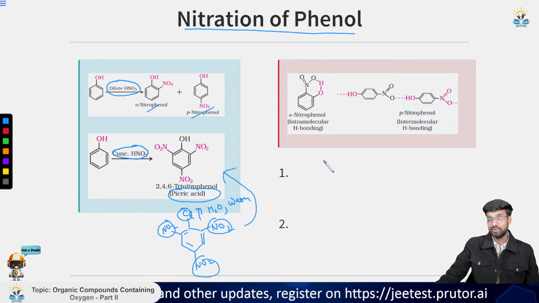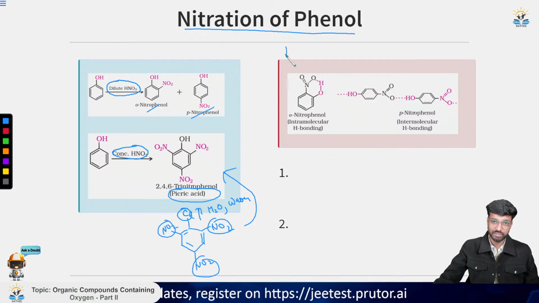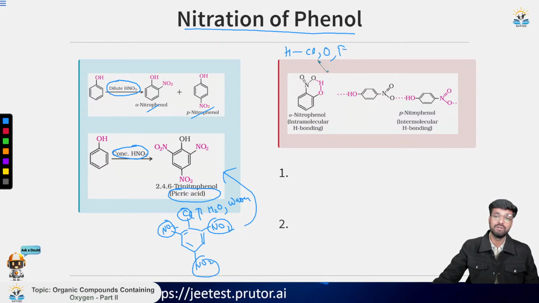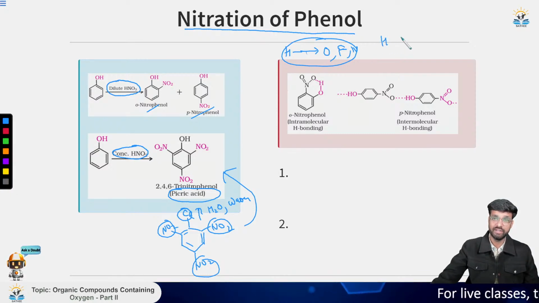You know very well about hydrogen bonding. If a hydrogen is attached to oxygen, fluorine, or nitrogen, sorry, chlorine is not the one, and further it is in close proximity with any electronegative element, say X, then it will form a kind of hydrogen bonding.